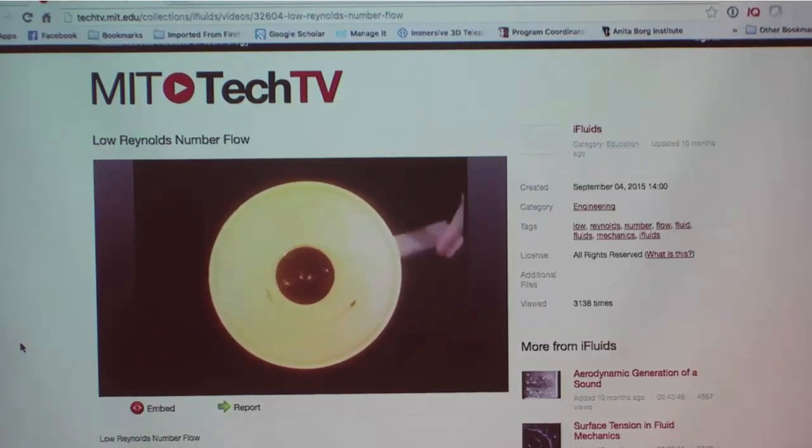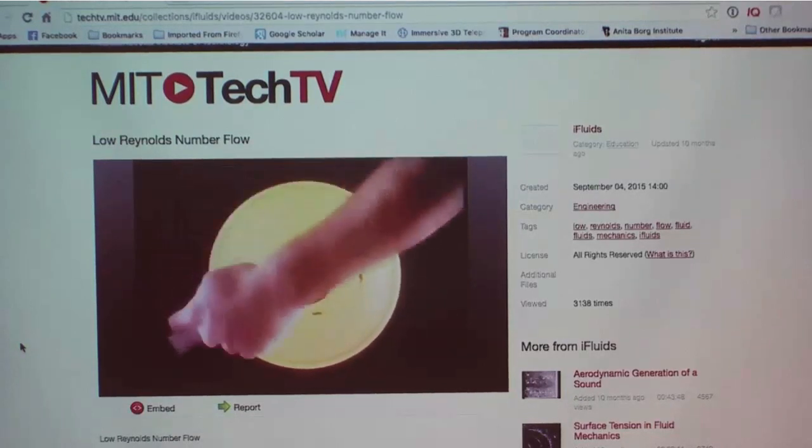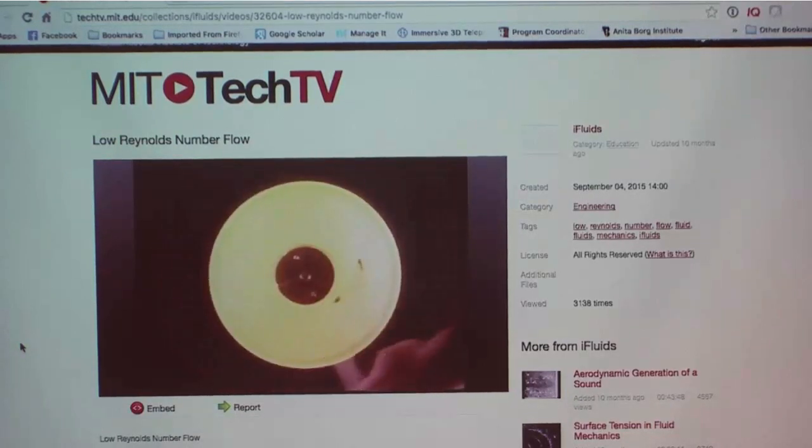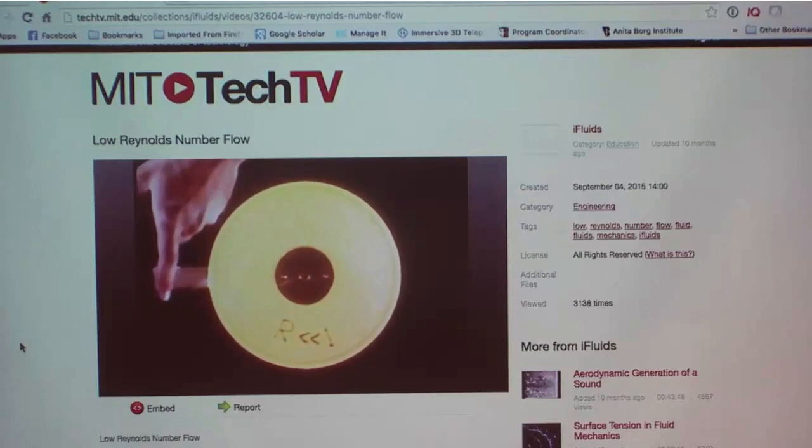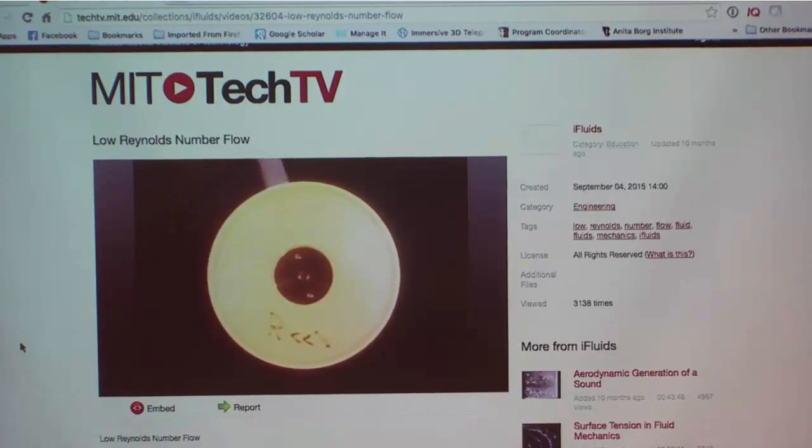Now the inner cylinder is turned back exactly to its starting position. During the forward motion, the boundary of the fluid follows a path determined at each instant by the motion of the wall.